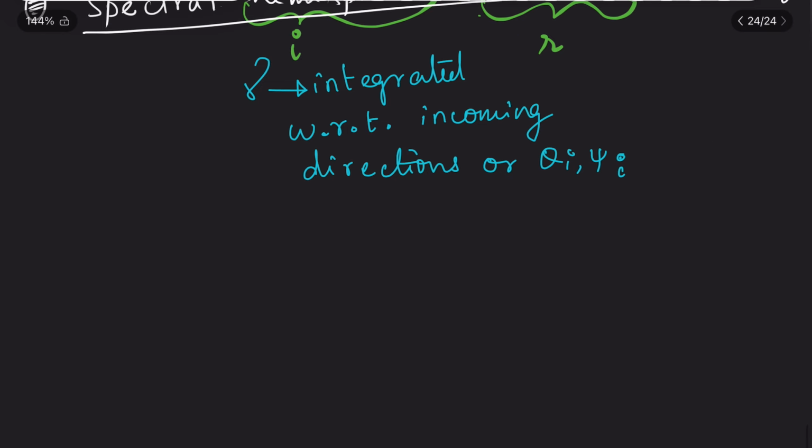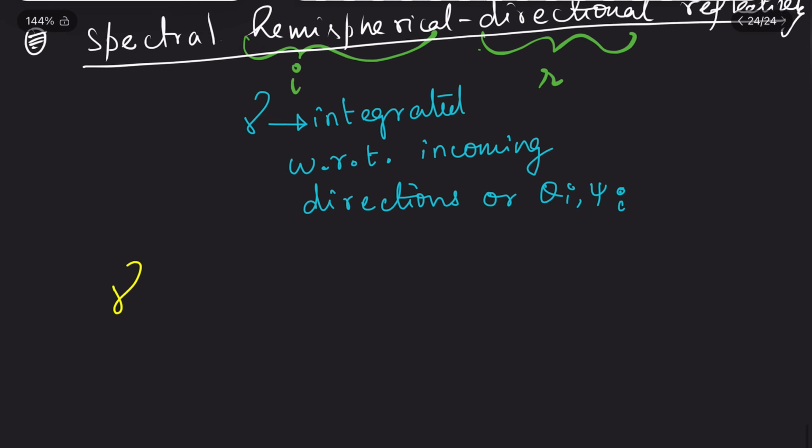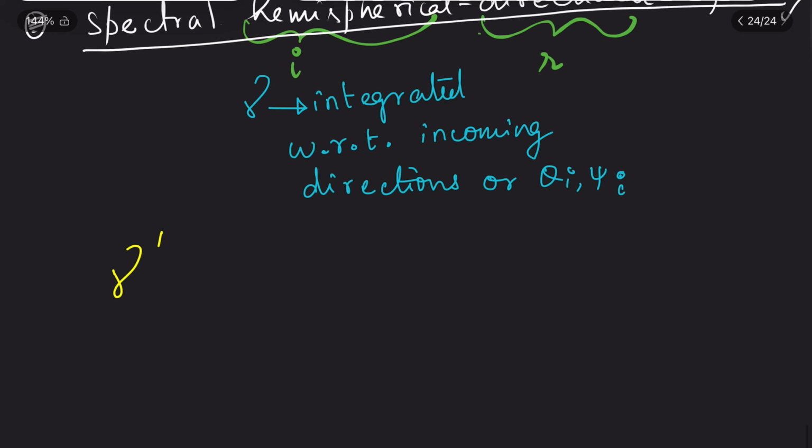Clear? So I will just write it. It will be this. Now it is hemispherical directional, so it will have only one dash. It will be spectral, it will have lambda, and this is a function of lambda. Now it will not be a function of theta I psi I anymore.